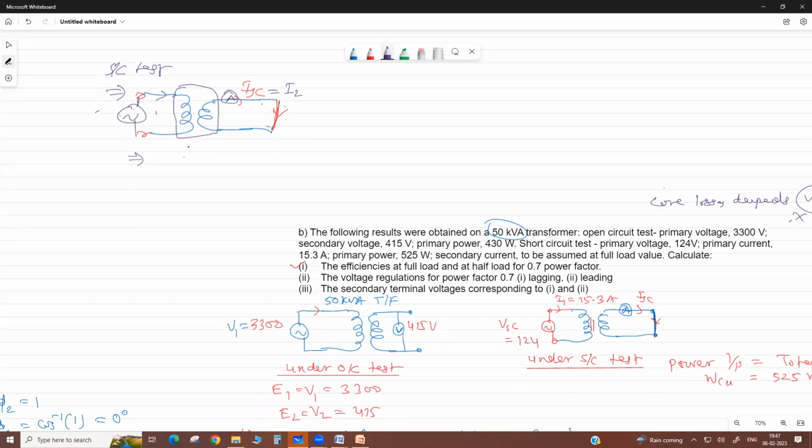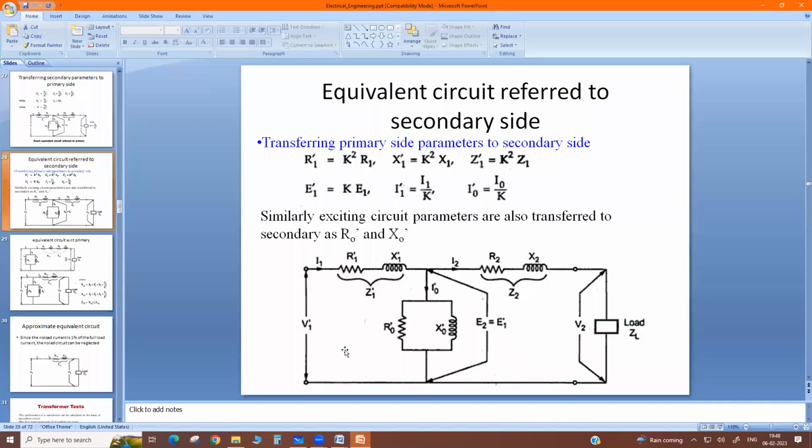Please remember. From the short circuit test, the power input is considered as the full load copper loss. And the power input in the no load condition is considered as a core loss.